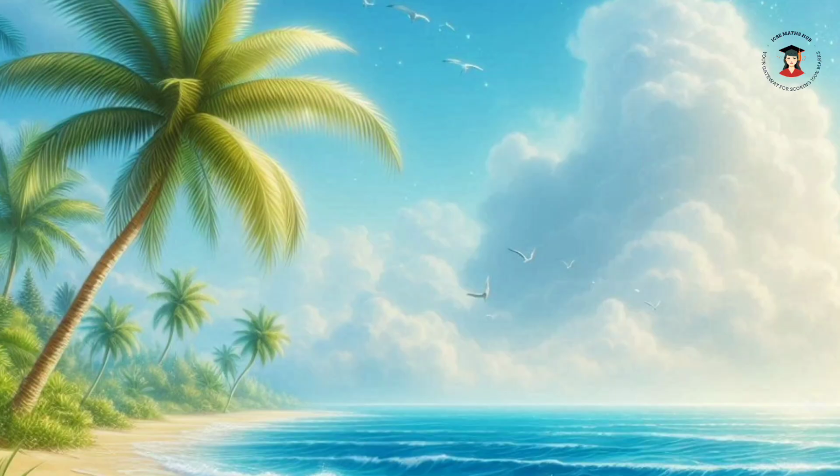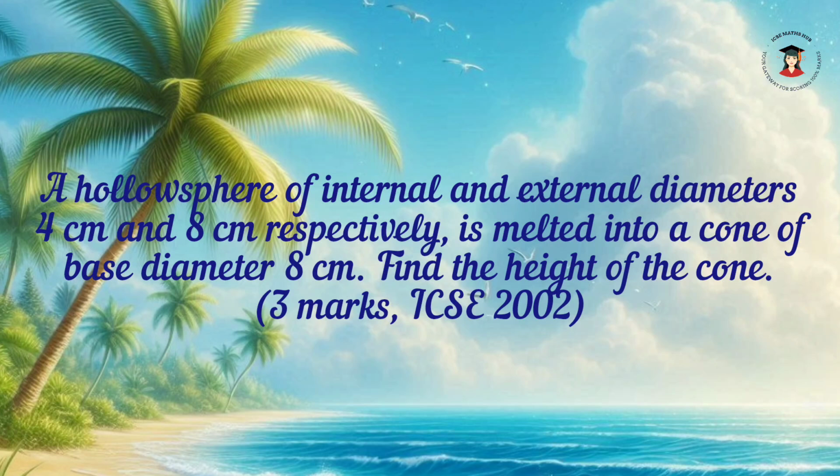The last question in melting and recasting type problems, that is the 22nd problem, is a hollow sphere of internal and external diameters. We have done a similar problem like this, question number 19, where we were given the internal and external radii.